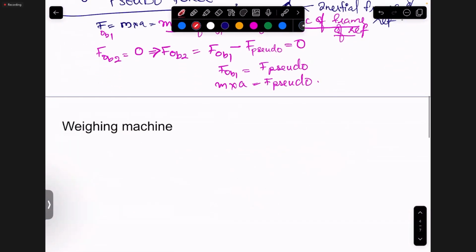Now we will talk about weighing machines. Okay. So what does a weighing machine do? First, the primary concept of a weighing machine is whether it calculates or gives a value of mass or weight. So what is it giving us? The weight of an object, not the mass of an object.